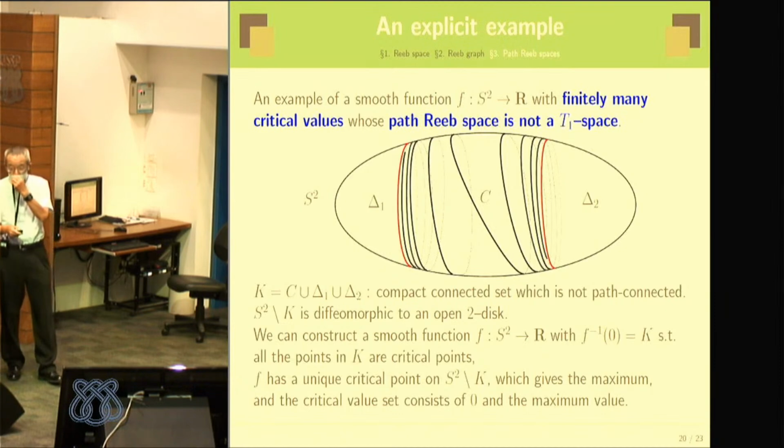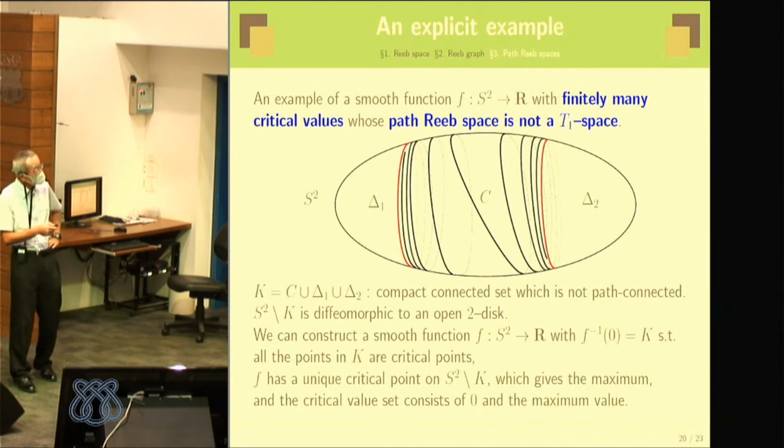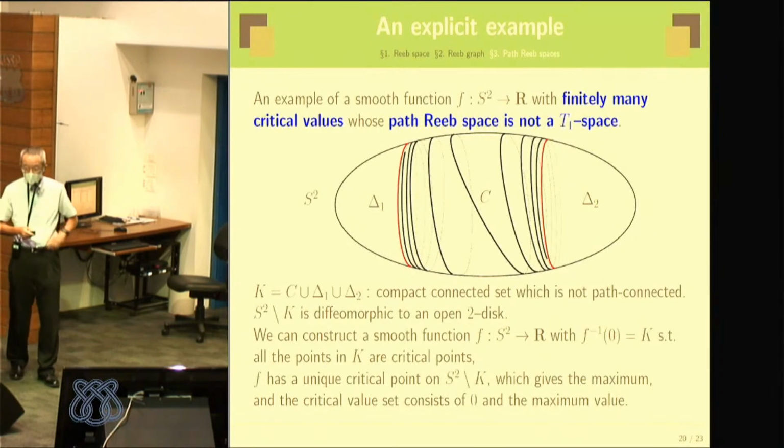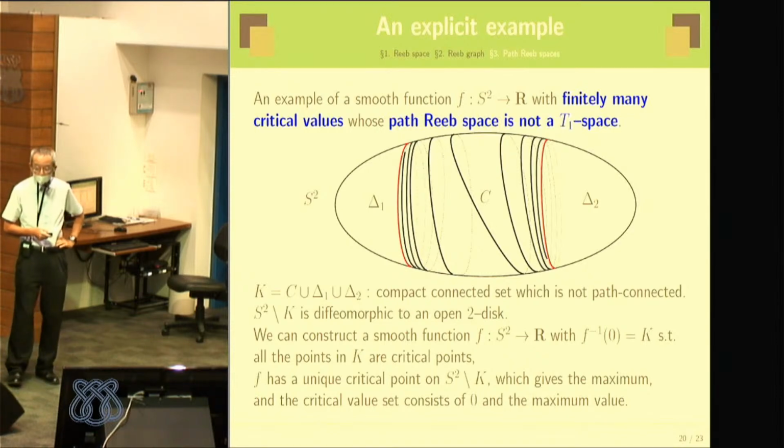So you can construct such a set C, and then we consider the union of these. And we can show that this is a compact, connected set. But as you see, it has three path components.